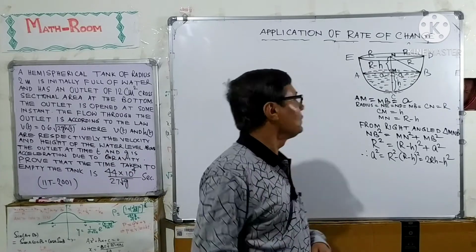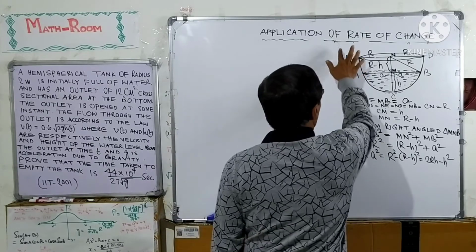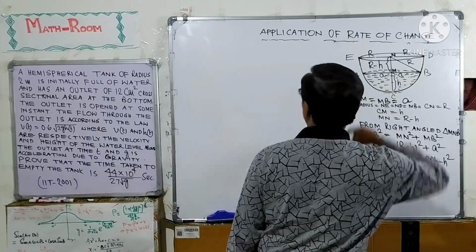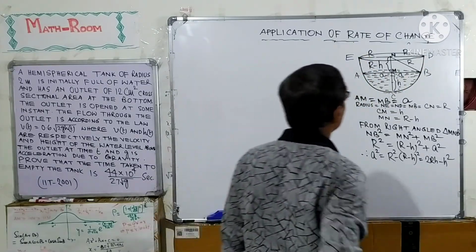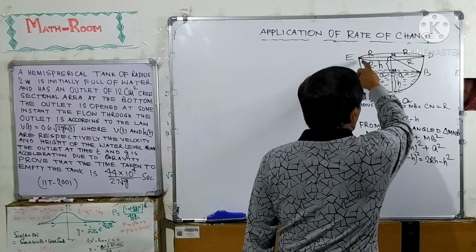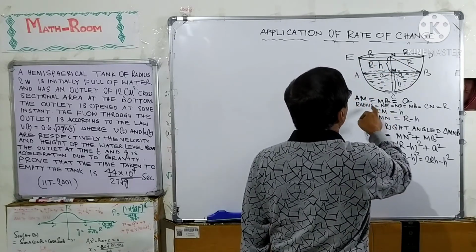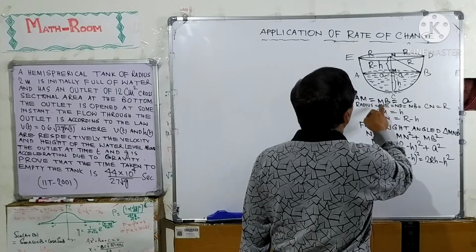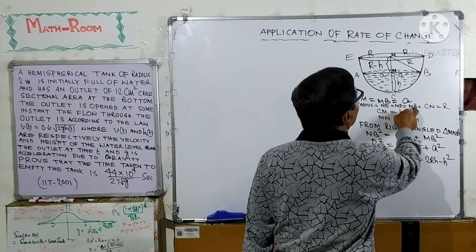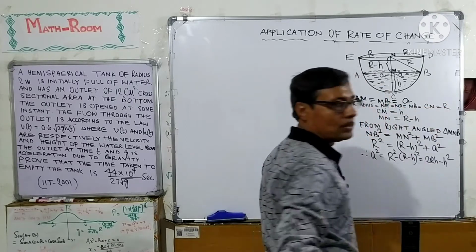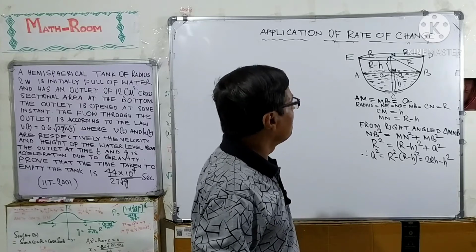Now let us begin. Here we have drawn the hemispherical tank. Here these radii, NE equal to ND equal to MB equal to CN, are all equal to R, the radius of the hemispherical tank.